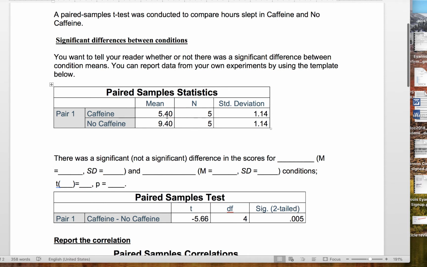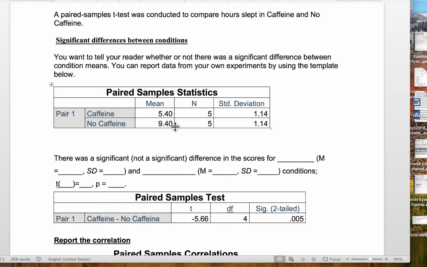That's where you're going to draw your major conclusions. So just looking at it, the hours slept for no caffeine was 9.40, and for caffeine is 5.40. So the question will be, what does that mean? What that means is that people that drank no caffeine had more sleep than those who did. Okay, your conclusion comes right from those two mean numbers right there.